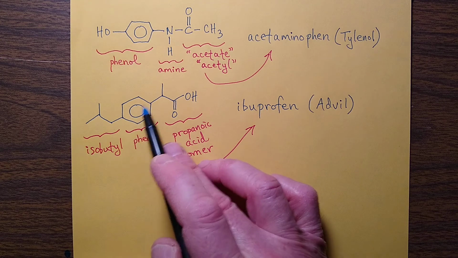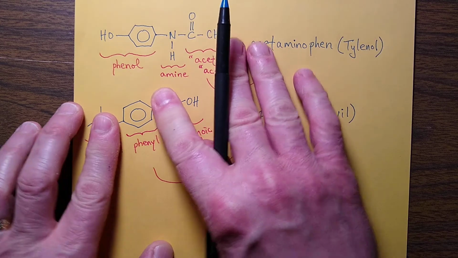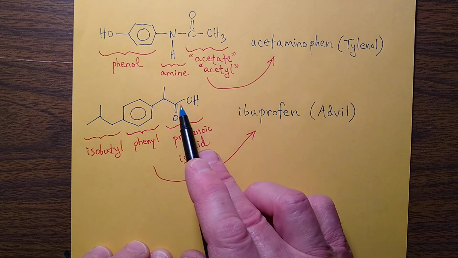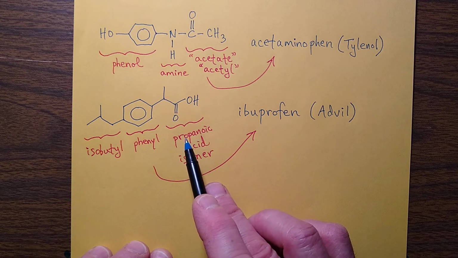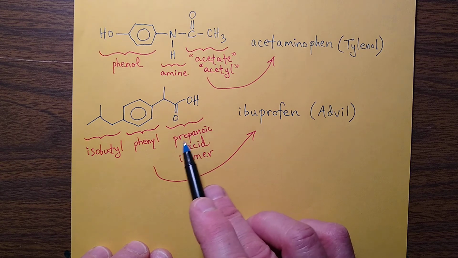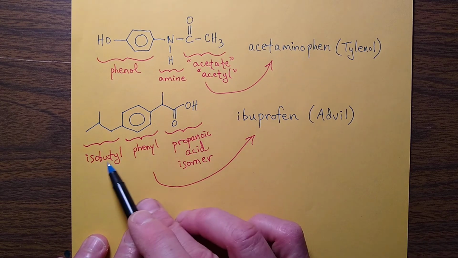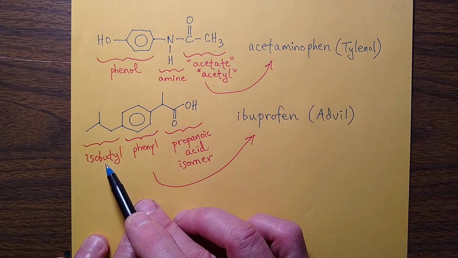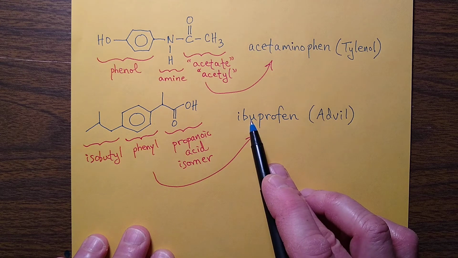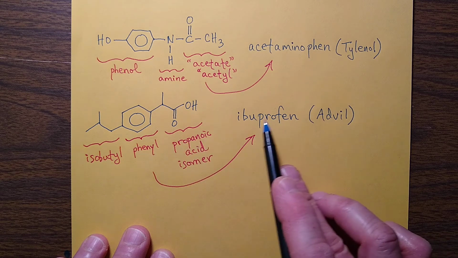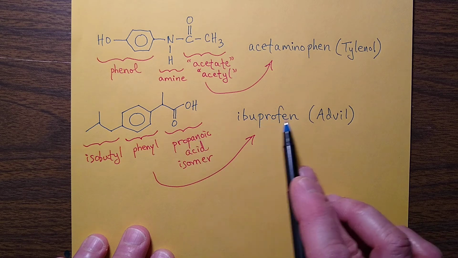That's a benzene ring. When it's part of a larger molecule, it has the name phenyl. And this is a 3-carbon acid. Three carbons is based off propane, so there's the PROP. So you can see where they might have come up with this name if they combine this part of the molecule for isobutyl, this part, ibu, and pro for the propanoic part, and phen for the phenyl.